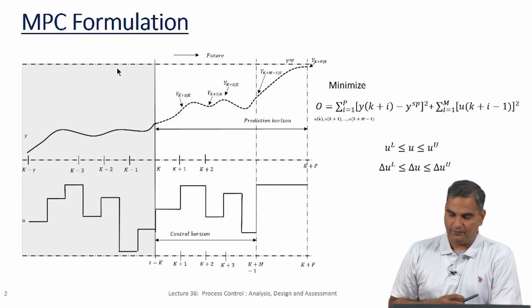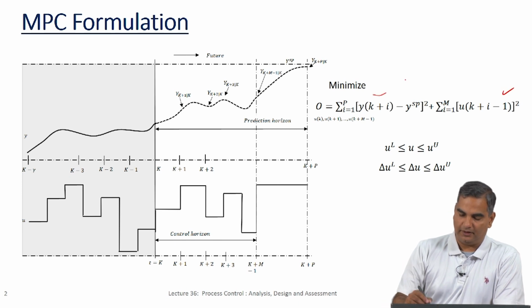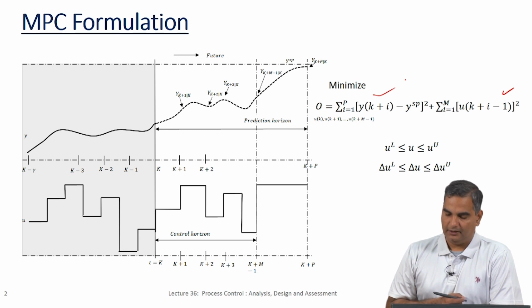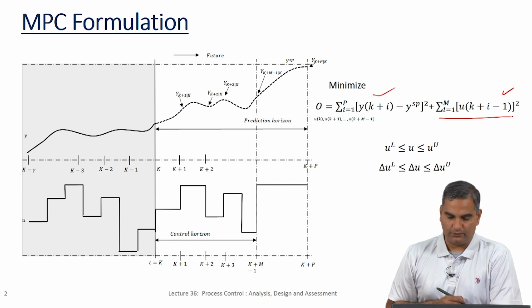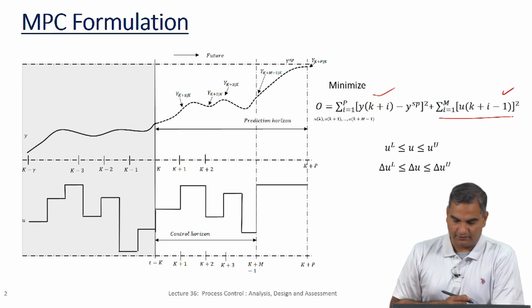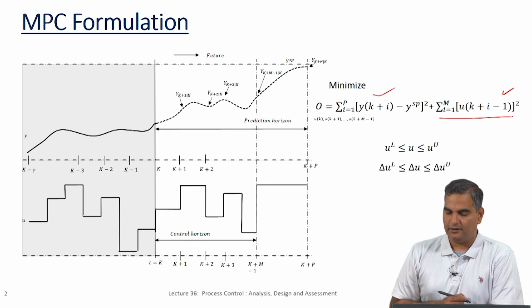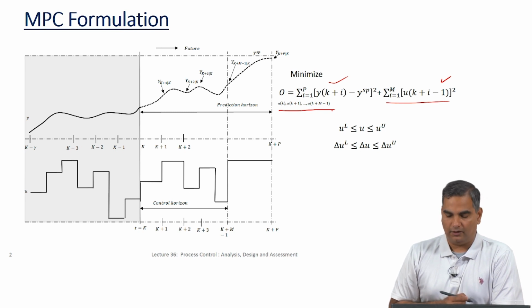Just to recap, we talked about an optimization formulation where I have an objective function which has two terms. The first term has to do with the error in the output when compared with the set point, and this is the term for the control effort that we take while we do this optimization or the control of these systems. So, that gives you the objective function definition. The decision variables are u k, u k plus 1 all the way up to u k plus m minus 1, and the constraints are on u and delta u.